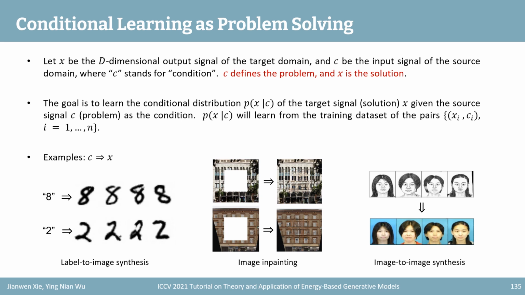The goal of the conditional learning is to learn a conditional distribution P of X given C, which is the distribution of the target signal given the source signal, or the distribution of solution given the problem. Examples of conditional learning include label-to-image synthesis, image-to-image synthesis, and supervised image inpainting.